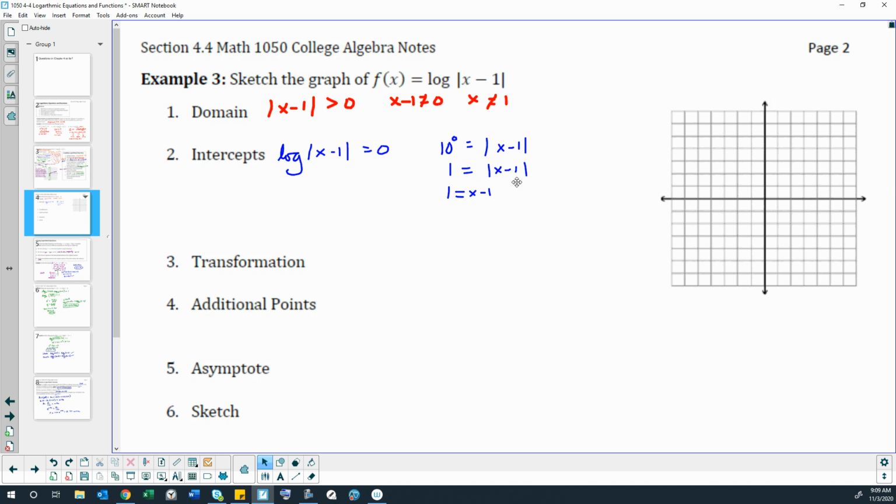So we can either have x minus 1 equals a positive 1, or we could have x minus 1 equals a negative 1, because that would mean that the inside stuff adds up to a negative 1, which would give us the absolute value of negative 1 is 1. Okay? So either way, let's go ahead and solve it. We could add the 1 to each side, so we would have x equals 2, or we can add that 1 to each side, and we would have x equals 0. So that gives us x-intercepts at 2 and 0.